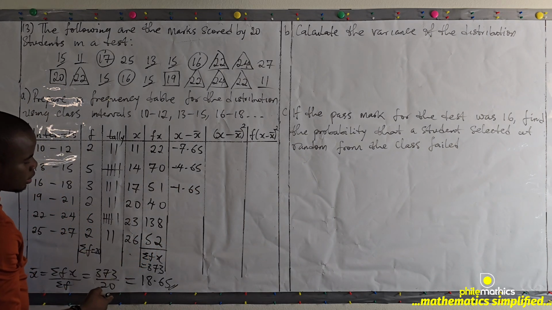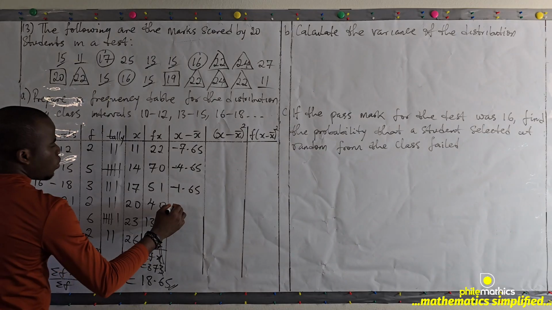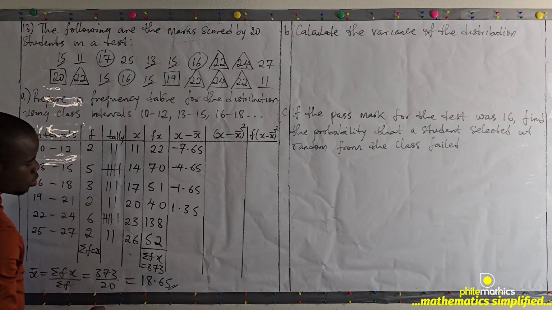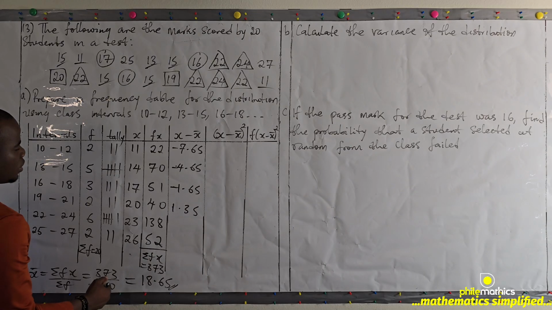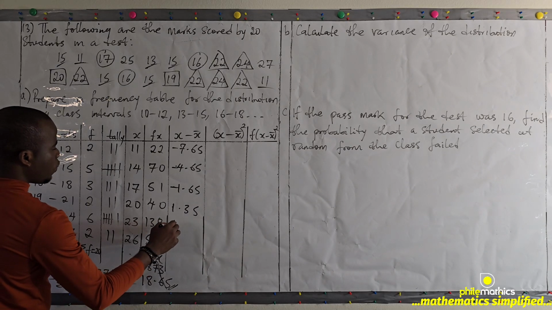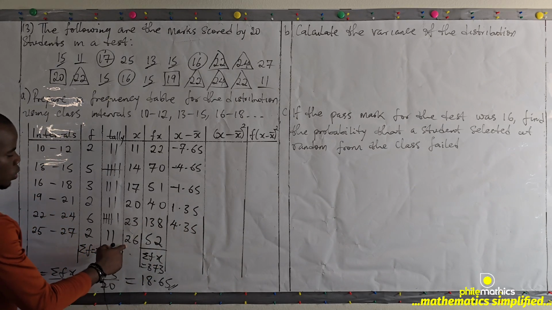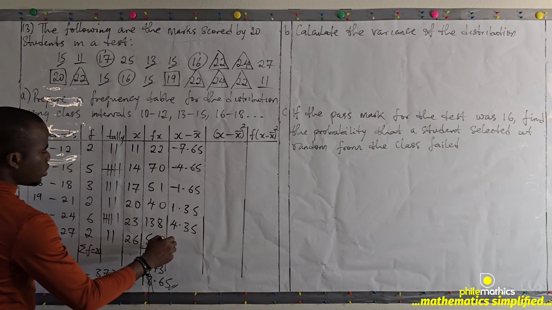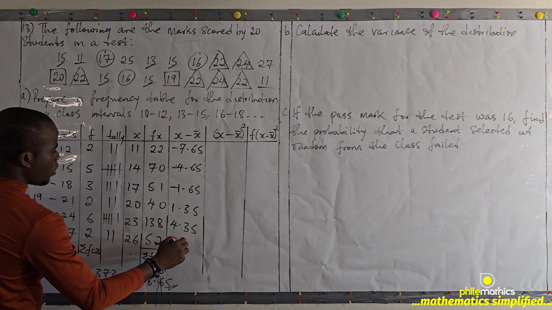17 minus 18.65 is minus 1.65. 20 minus 18.65 is 1.35. 23 minus 18.65 is 4.35. 26 minus 18.65 is 7.35.